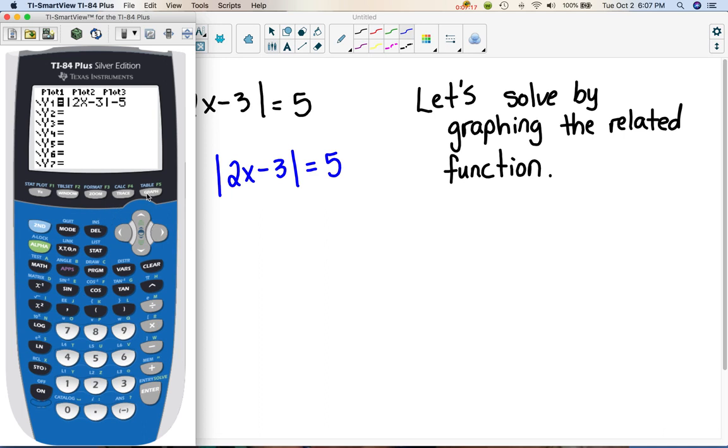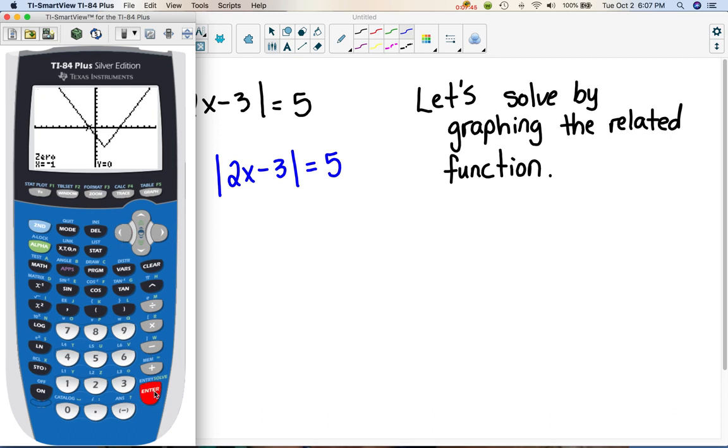So I'm going to go ahead and graph this, and you'll see this function. And you can actually do second calc 0. We're going to find the zeros of the function. For a left bound, you can use the arrows. And then I'll use the arrows to do the right bound, and in between to make my guess.